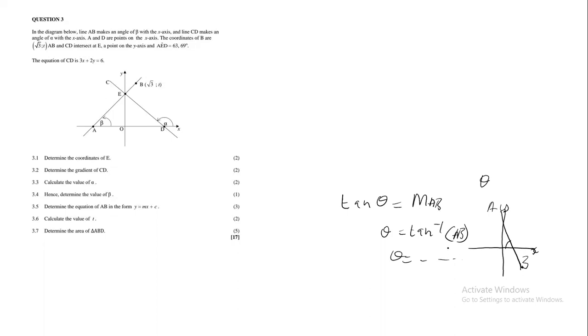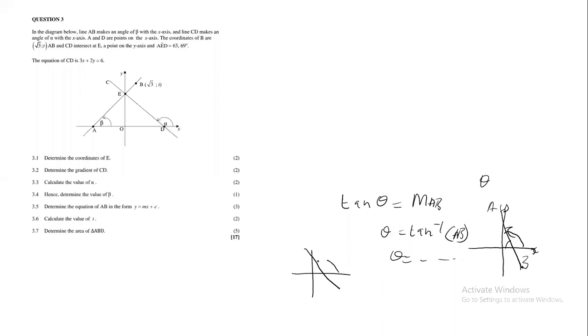Why will your answer be incorrect? It's because each and every time you are given a straight line just like this and they ask you to determine any of the angles, just know that you are supposed to move from the positive x-axis moving counterclockwise. So if you want this angle, let me write it again. Like this.